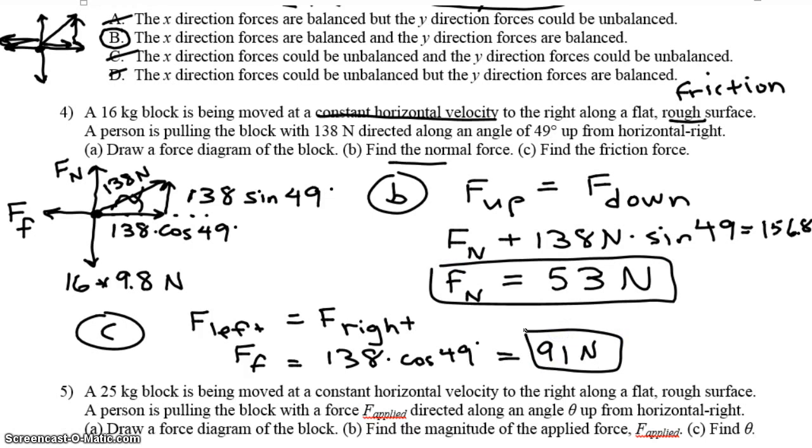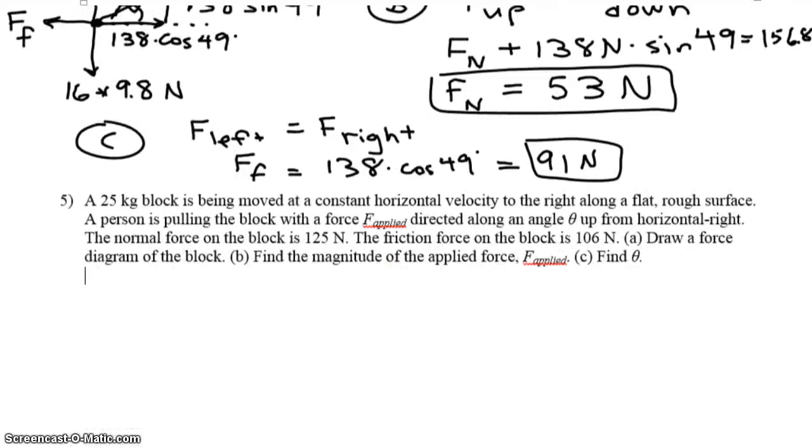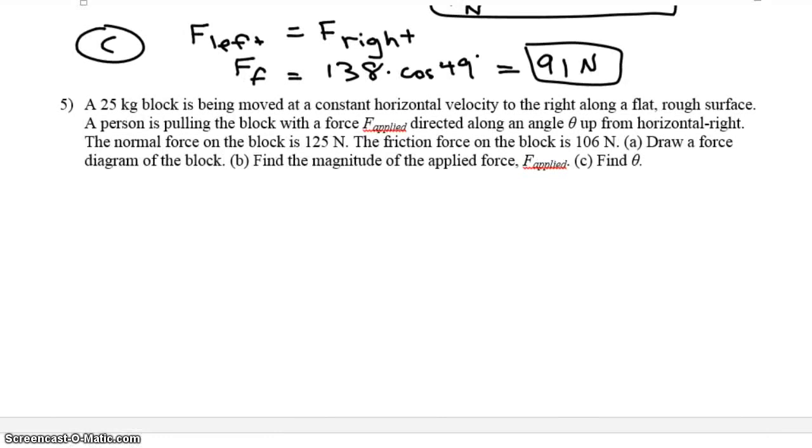There we go. Okay, the next problem says we have a 25 kilogram block being moved at constant horizontal velocity. That is important. So let's underline that. Constant horizontal velocity. That tells us that the total force, the sum of the forces, the resultant, is 0.